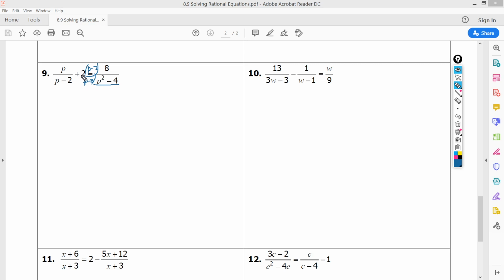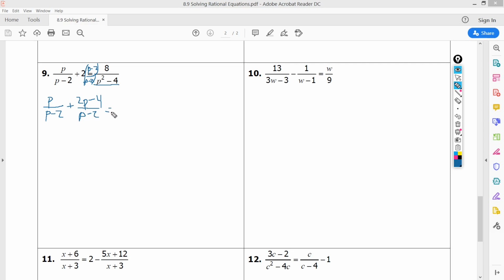Let's see what we got now. I have p over p minus 2, plus, I distribute the 2. 2 times p minus 2 is 2p minus 4 over p minus 2.